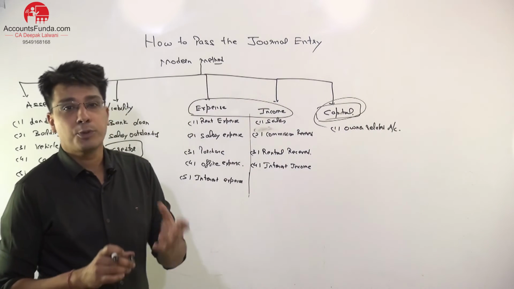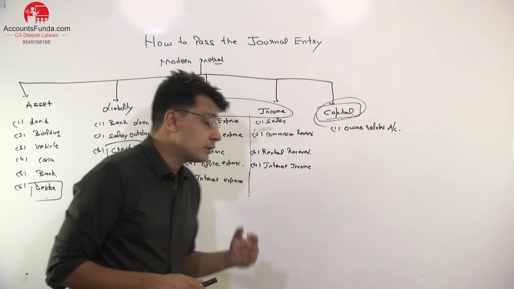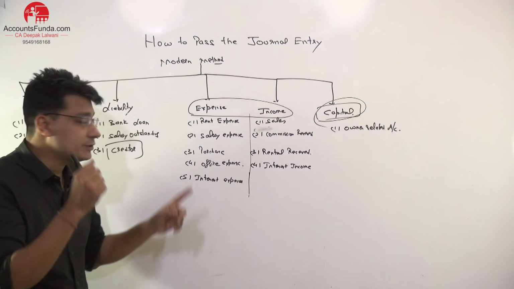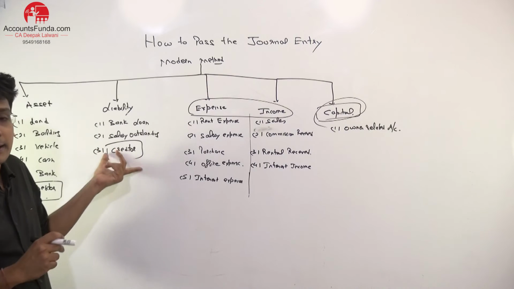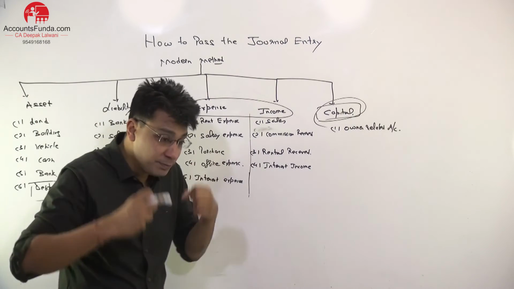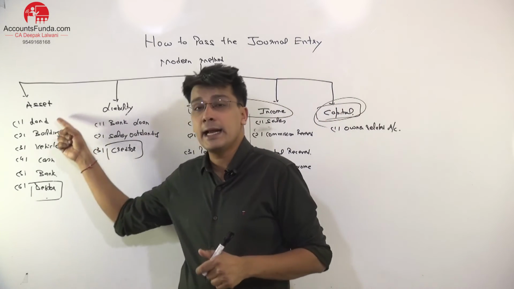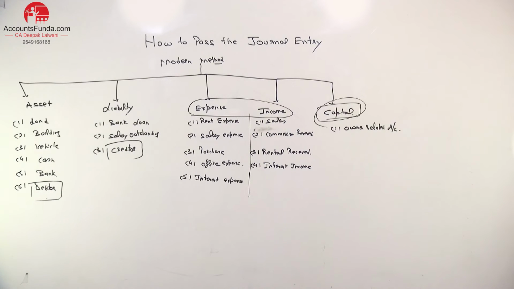If the company has bought a building of rupees 5 lakh and has paid only 3 lakh, then 3 lakh rupees of my cash is going out, and the balance 2 lakh rupees the company has to pay in the future. That will go under the heading liability, and the company has become the owner of that building, so the 5 lakh rupees will go under the heading asset. Okay, so write down these 5 accounts.